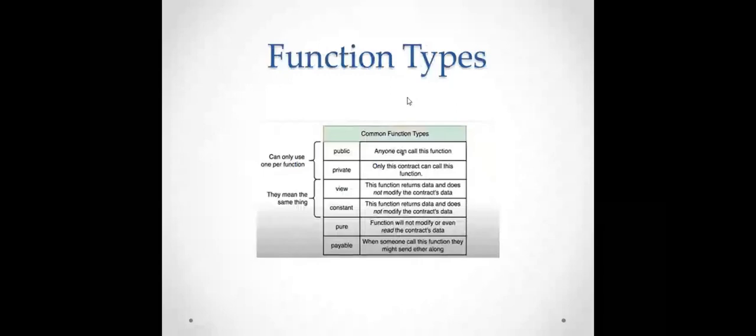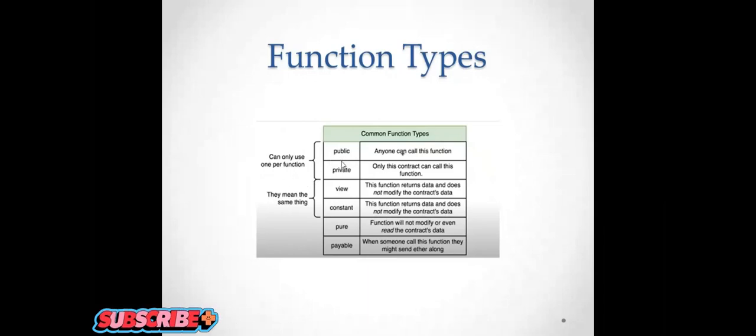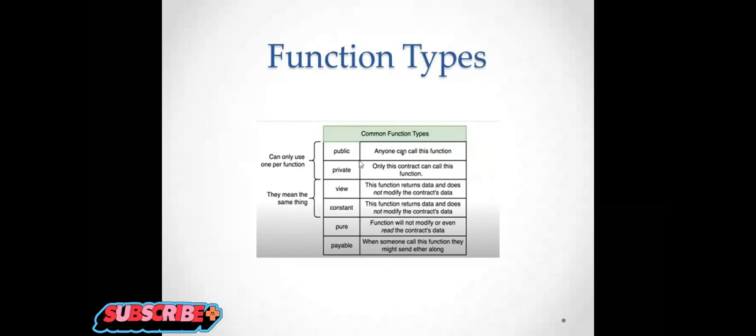Here we have function types, so along the way we will learn a lot of things. Here we have the common function types. As you can see, we can use only one per function. It can be public or private. Let me put it this way: public and private are not for the normal user, it's just for developers.